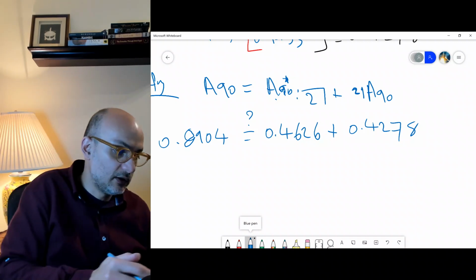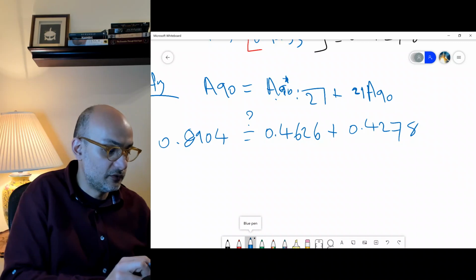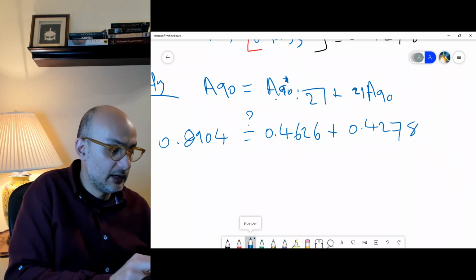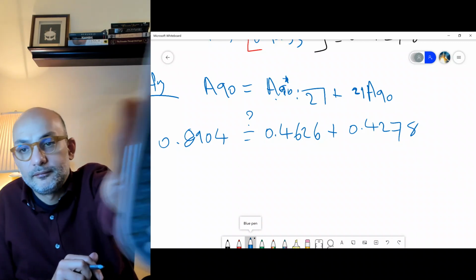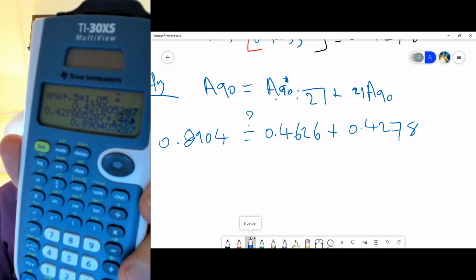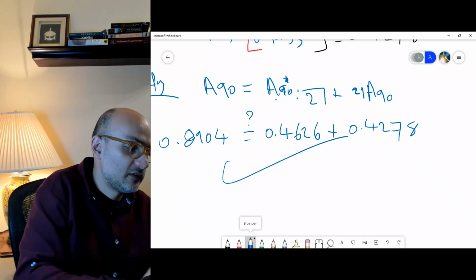Yeah, I didn't calculate that one. But that's good. If you add these two, yes, correct: 1, 4, 6, 2, 6. Yeah, 8904. Very good. So this is correct, right?